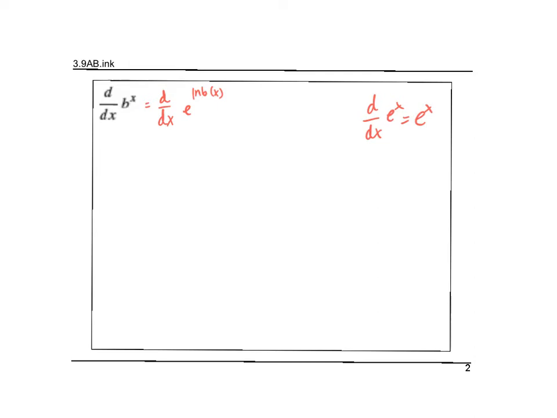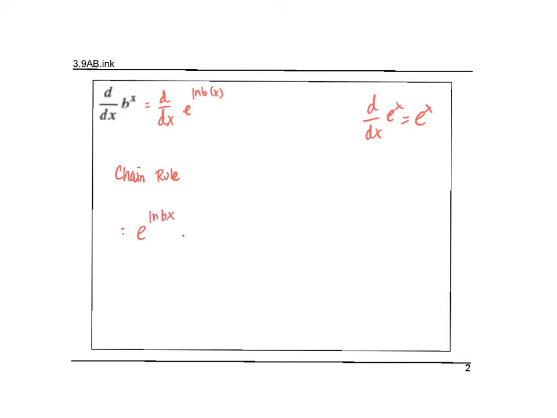So if I do it in this way, then I can think of it as the chain rule. And therefore, right, my inside is the ln bx and my outside is the e. So outer prime remains e to the x, or e to the ln bx in this case.